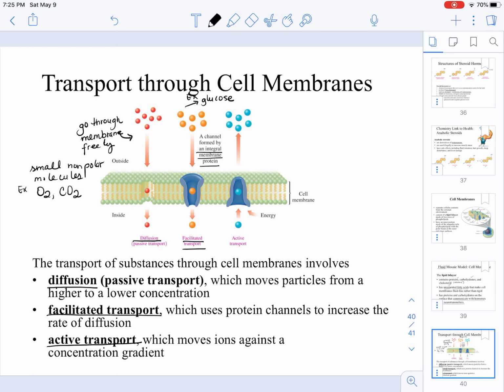The last type of transport that can occur in cells is going to be active transport. And in active transport, we're going to be moving ions like potassium, calcium, sodium against a concentration gradient. But the most important thing that we should know about active transport is that it requires energy.